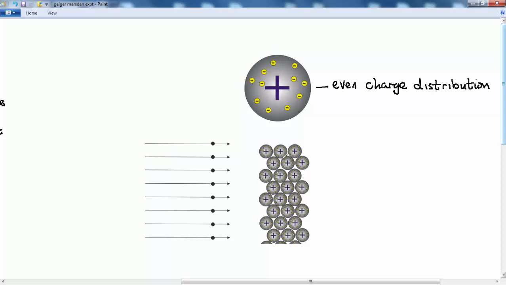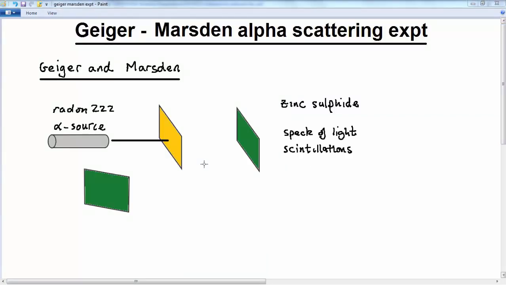There are no concentrations of charge, so when these extremely high energy alpha particles are fired at this gold leaf, they will just pass through, because the electrostatic interaction should be really, really weak, since the charges are so evenly distributed throughout the structure. But that's not what they saw.